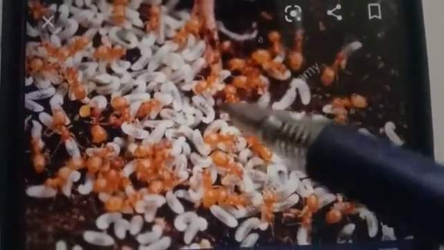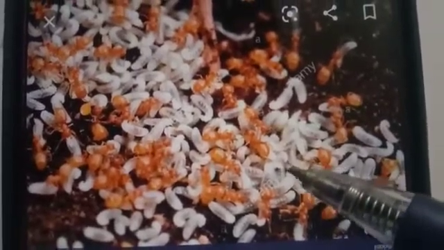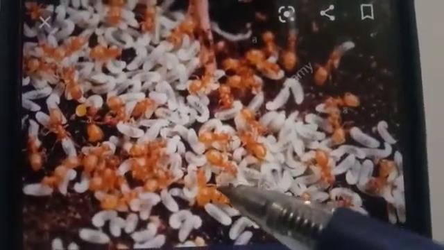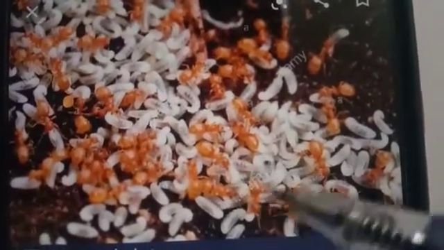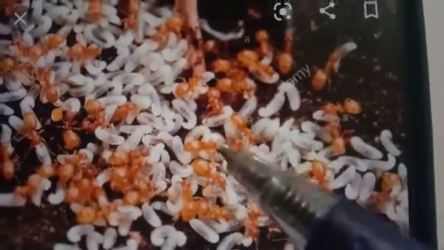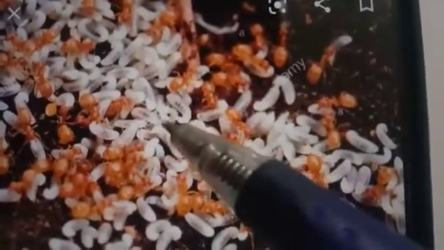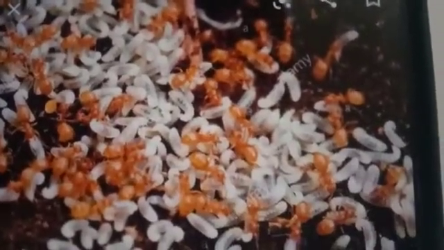Okay, there are so many ants, but with ants there are also grubs. First of all, when ants are in their birth cycle, they produce grubs. Okay, then these grubs are converted into ants, so all these are grubs.